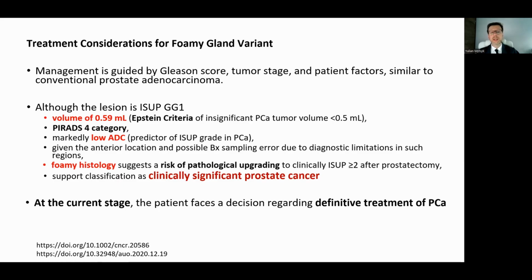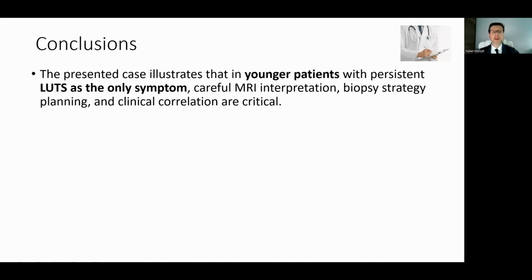So at the current stage, the patient faces the decision regarding the definitive treatment of prostate cancer. So, the conclusions. The presented case illustrates that in younger patients with persistent lower urinary tract symptoms as the only symptom, careful MRI interpretation, biopsy strategy planning, and clinical correlation are critical.